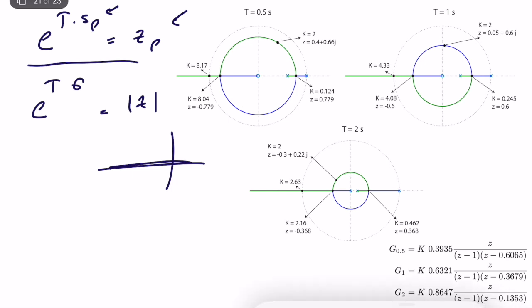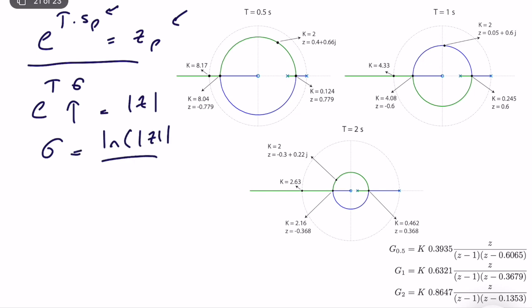And we know that sigma defines the settling time, the convergence speed, in the continuous time domain, and the magnitude of z defines the convergence time and settling time in the z domain. So we can do an inverse mapping such that we can compute sigma in this form: ln of the magnitude of z divided by T, which is the inverse mapping.